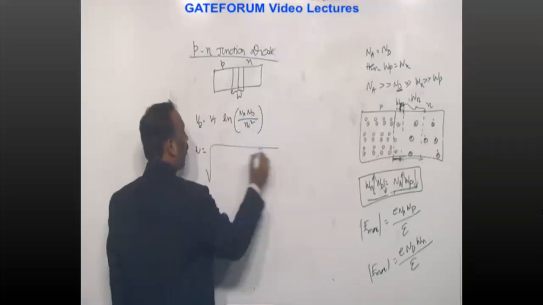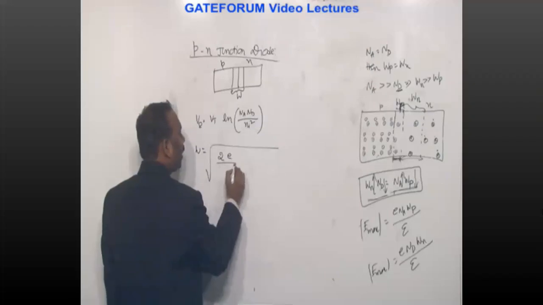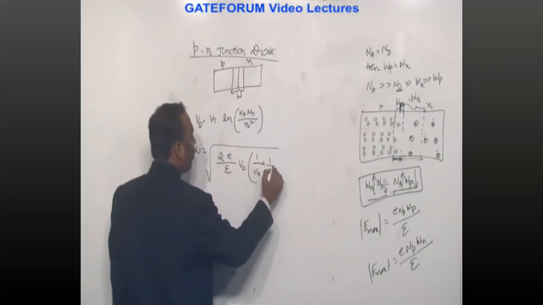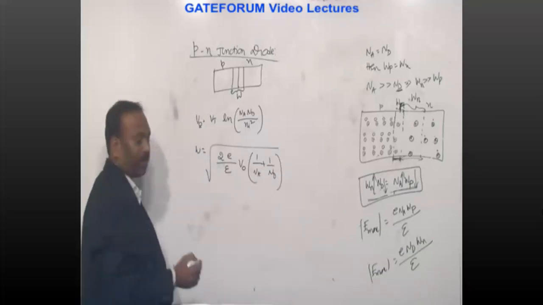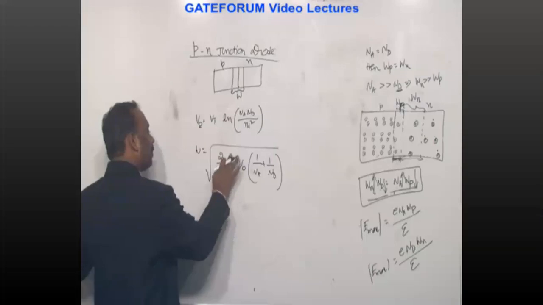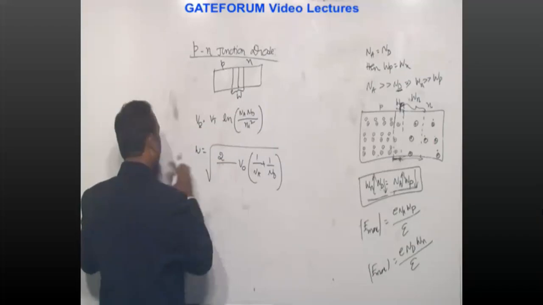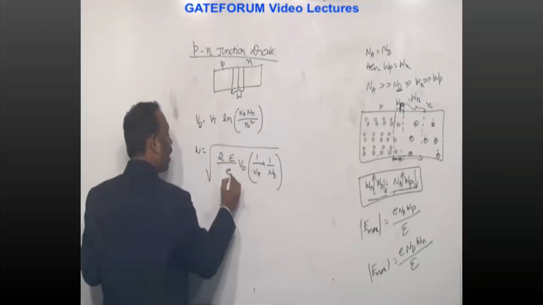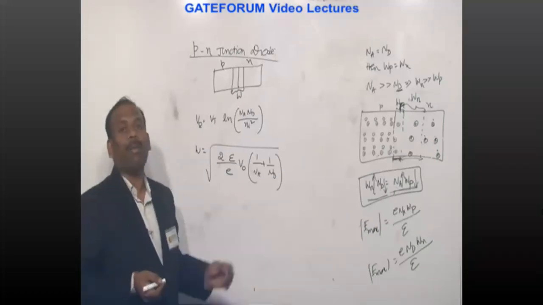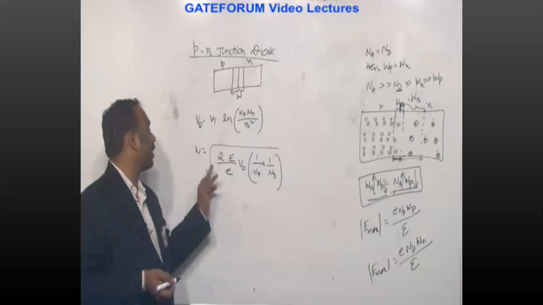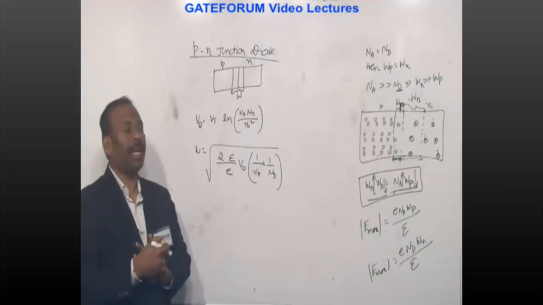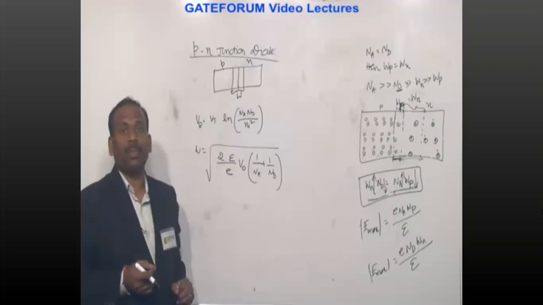It is the square root of 2 epsilon by E into V naught, the built-in or barrier potential, into (1 by Na plus 1 by Nd). This is the total width of the depletion layer. Clear?